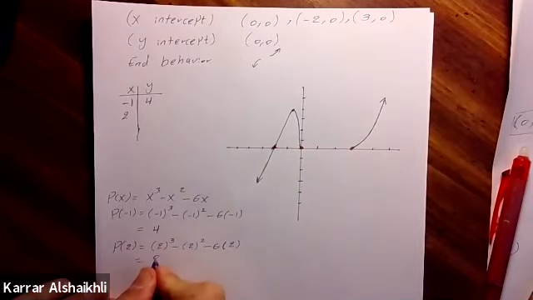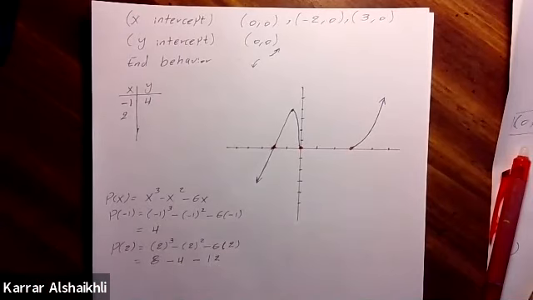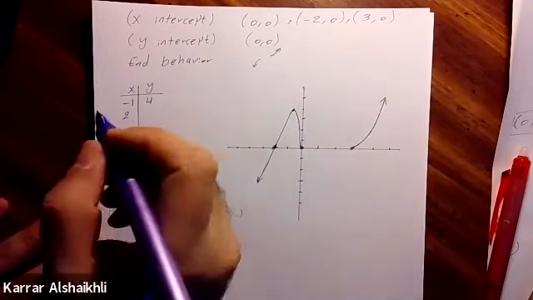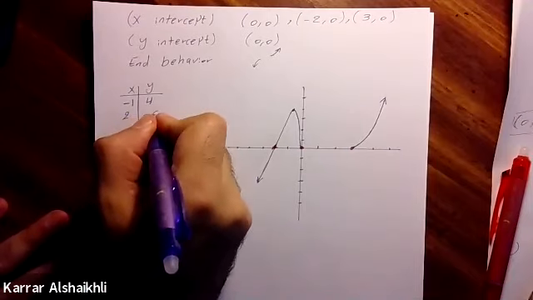So it's going to be 8 minus 4 minus 12. 4 minus 12 is -8.